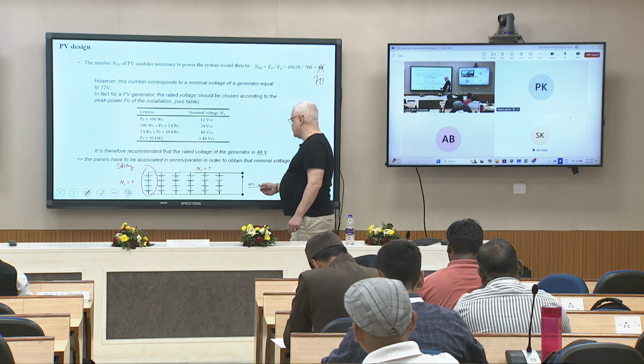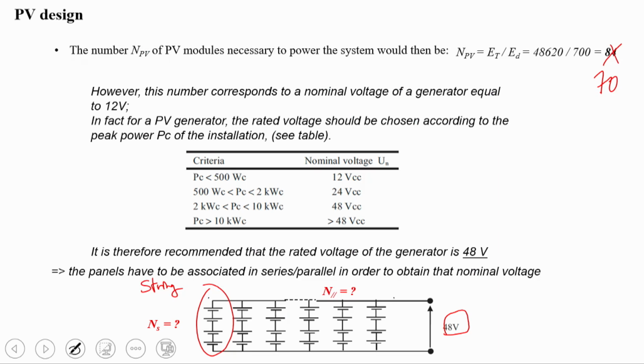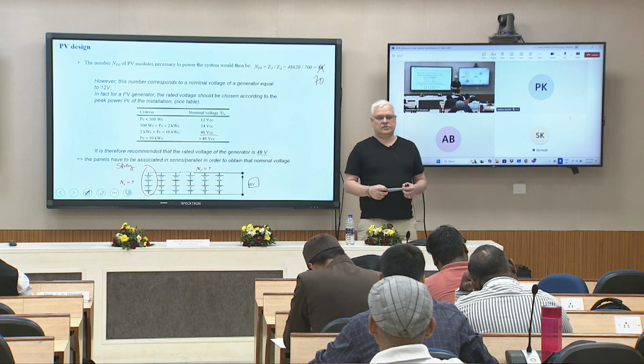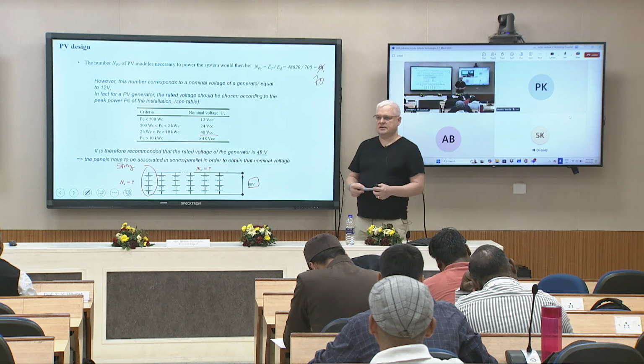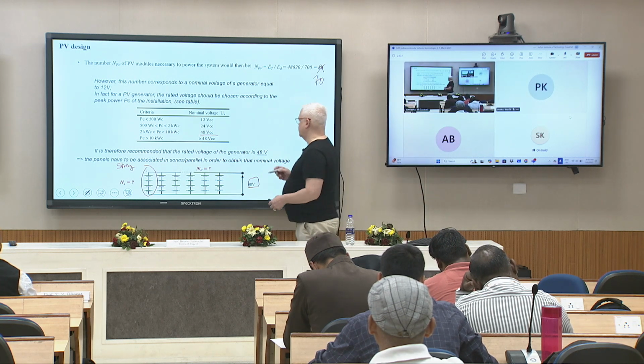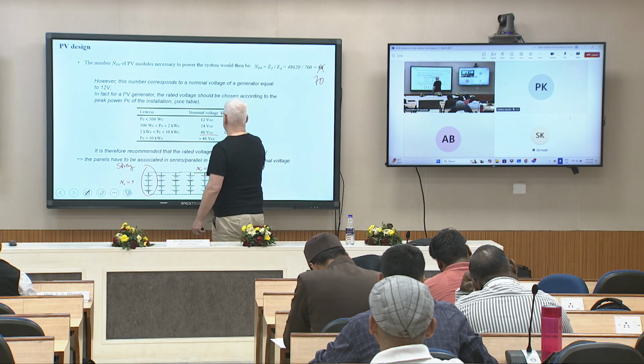We have seen that for the range of the power of our PV central, what is usually adopted, we are in this range, it is 48 volts in open circuit for the central.